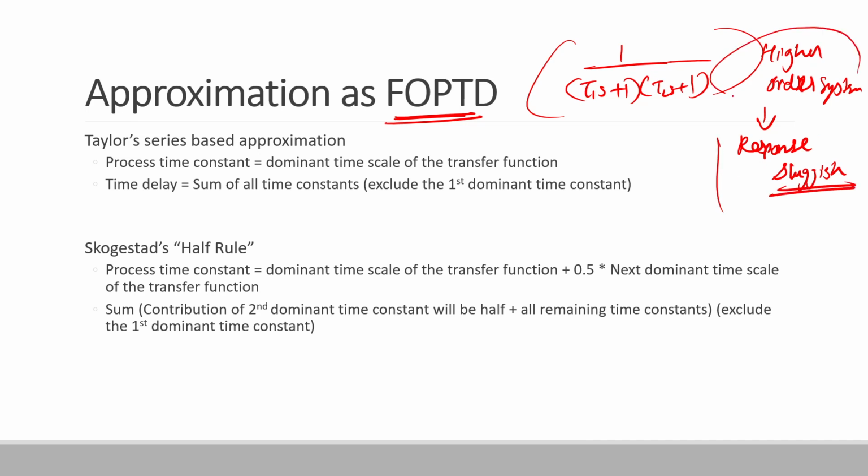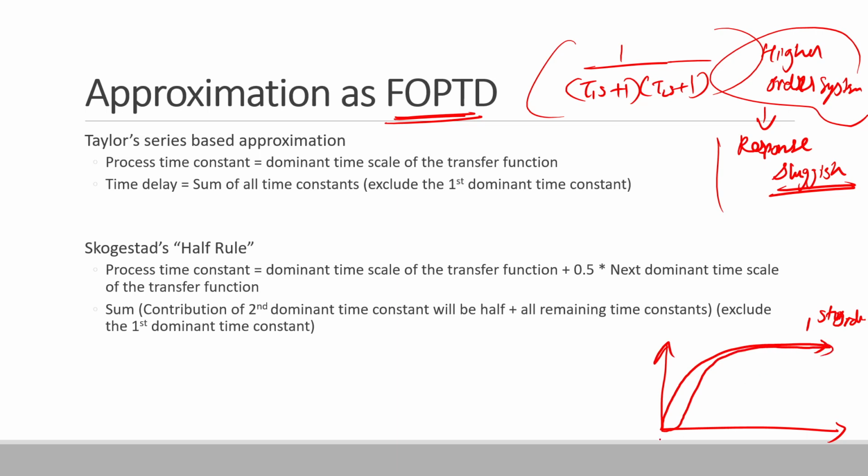So in order to approximate such higher order systems, we can approximate them by using a first order plus time delay factor. Let's say this is my response of a first order system, then for a second order system we can get such a response also.